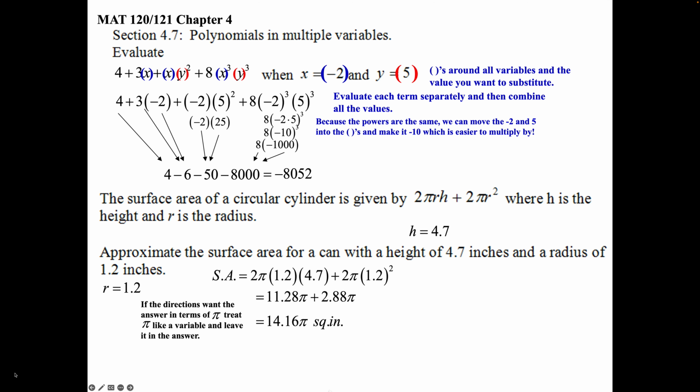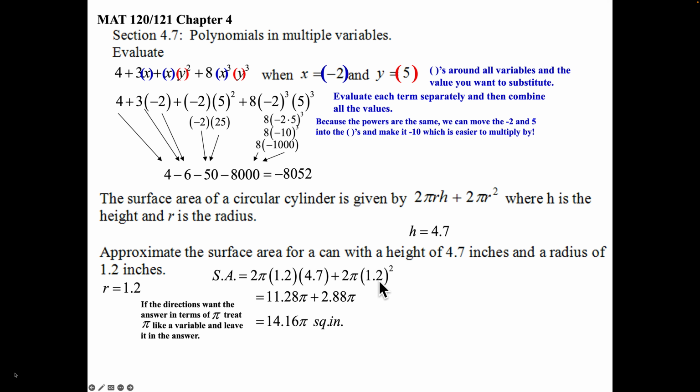So here you've got to be careful and read the directions very carefully. If the directions want the answer in terms of pi, you treat pi like a variable and leave it in your answer. So we would probably go to a calculator and go 2 times 1.2 times 4.7 is 11.28, include the pi symbol.